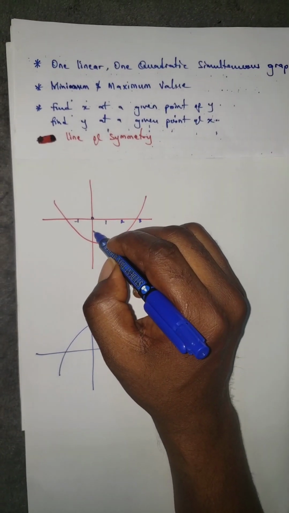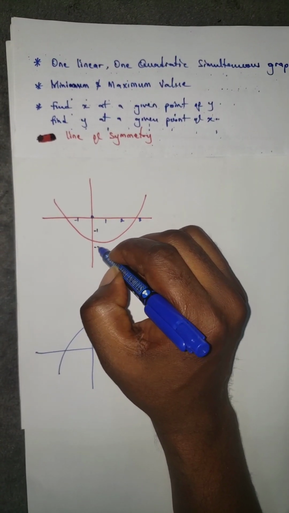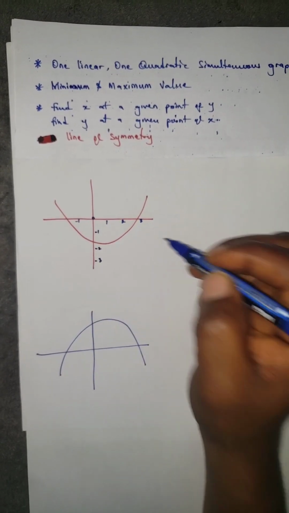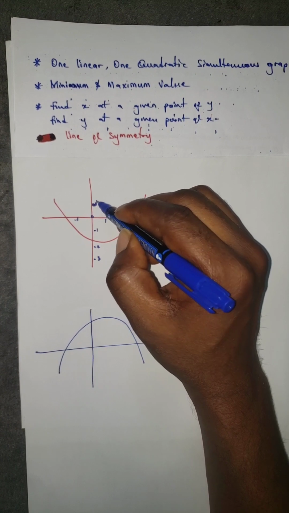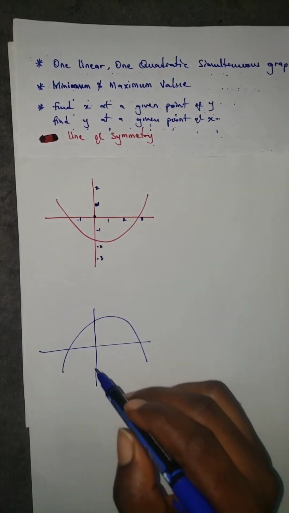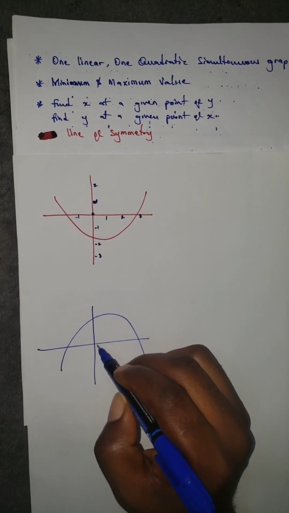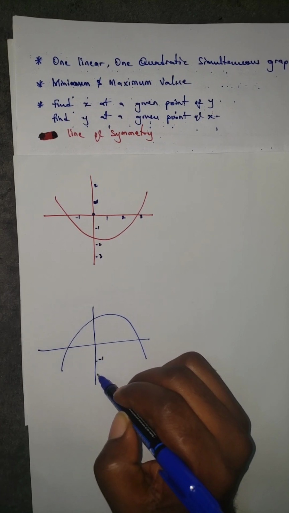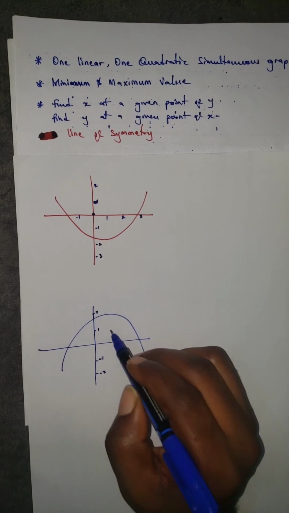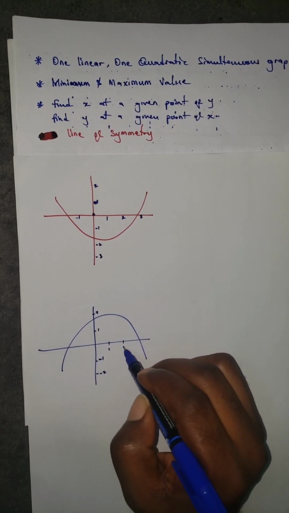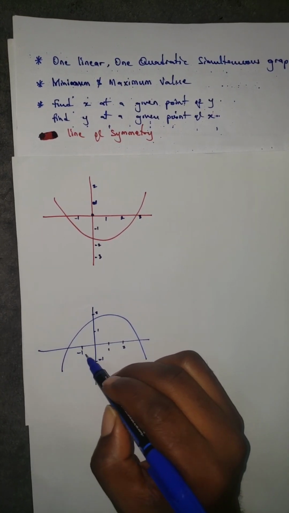Okay, and I have -1, -2, -3, 1, 2. So the same thing here, -1, -2, 1, 2, 1, 2, -1.